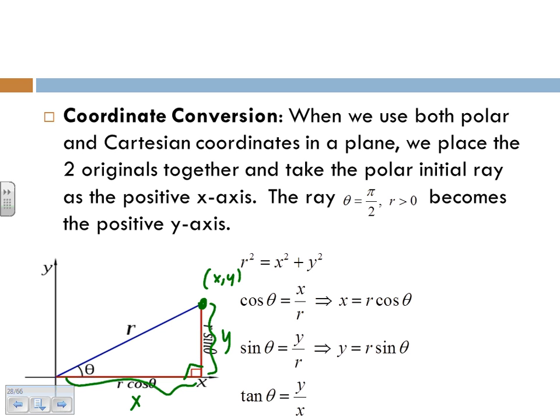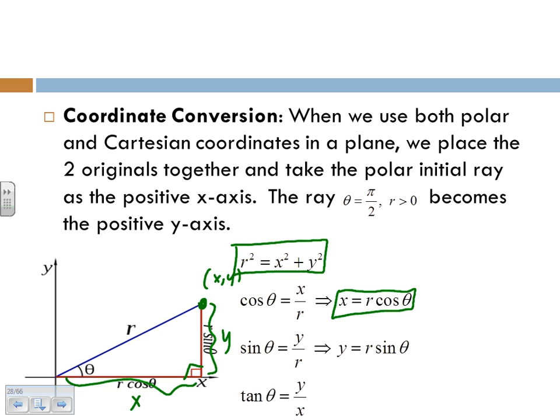Well, x squared plus y squared is r squared by the Pythagorean theorem. You will use that a lot. Then, what happens if I took the cosine of this theta? Cosine of theta is going to be x over r. Solve for x, and it's equivalent to r cosine theta.